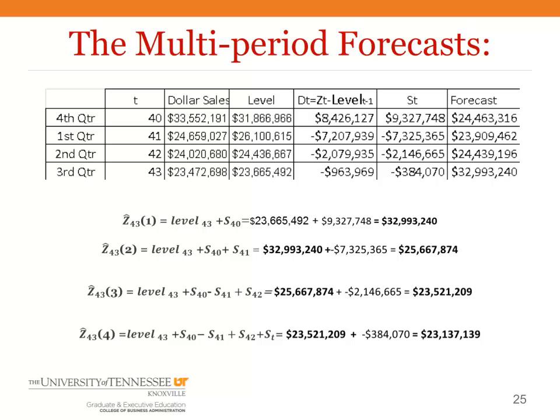And then to extend it out to 3 periods into the future, I would make the next adjustment, or minus 2 million, which is the smooth value of going from first into second quarter. And then the next, to extend it all the way around to third quarter next year, I would add one more seasonal adjustment to that. We're going to work on this in a little more detail later, so don't spend too much time trying to figure it out. The intuitive part of it is you can take the current level and just keep adding those adjustments to take you out farther and farther into the future.